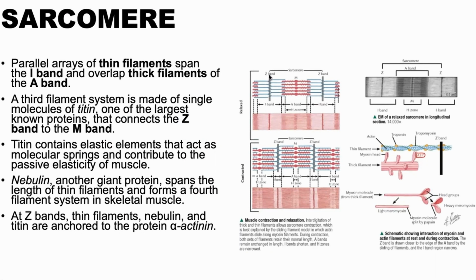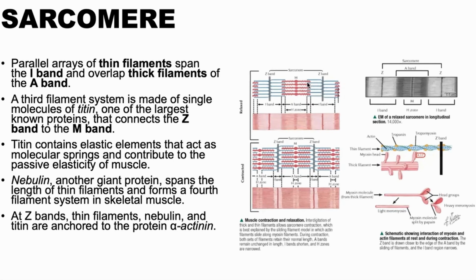If you look up here, the Z lines demarcate the entire sarcomere. So the Z is the equivalent right here, a thin filament projecting in, a thin filament going to the next area. So the Z, this area, has proteins that anchor this thin filament from here to here, thin filament from here to here.